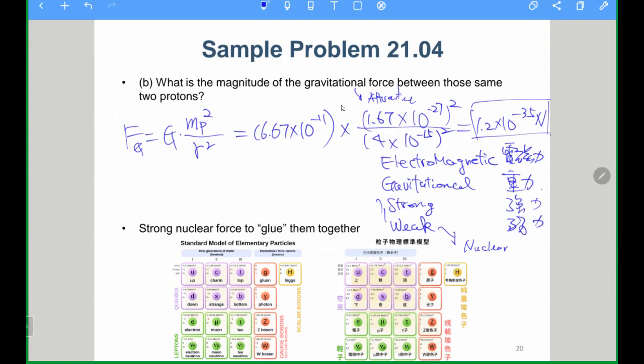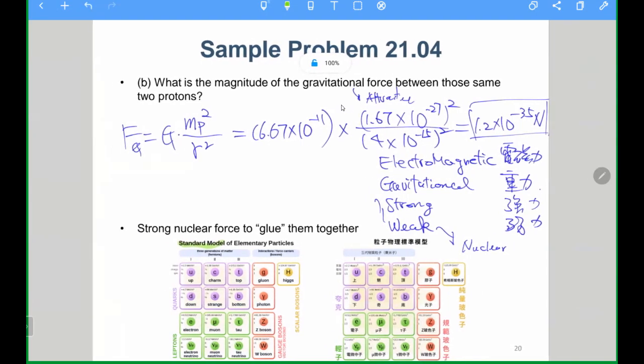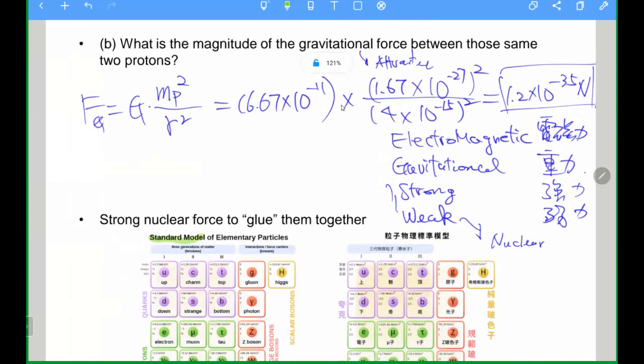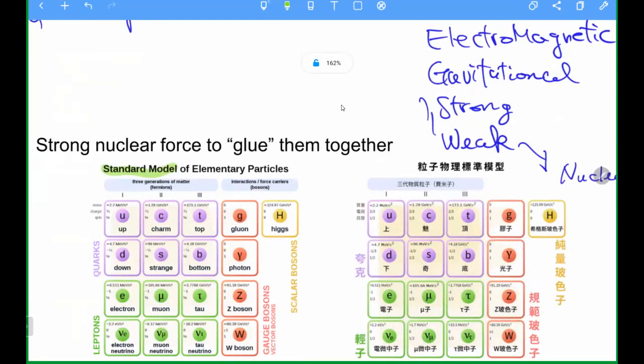So in some hardcore physics, you may have known something called the standard model of the elementary particle, 粒子的标准模型. Of course there are things you are familiar with, like the electron, 电子.